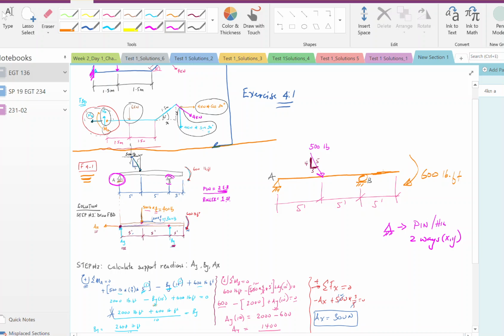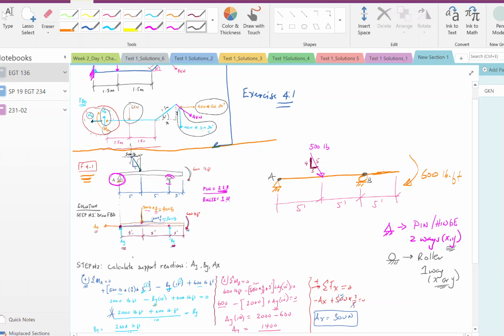And this is a roller, and it's restricted only in one way. That could be X or Y. This is X and Y, and this is X or Y. So in this case, we have a pin here, and we have a roller here at B.